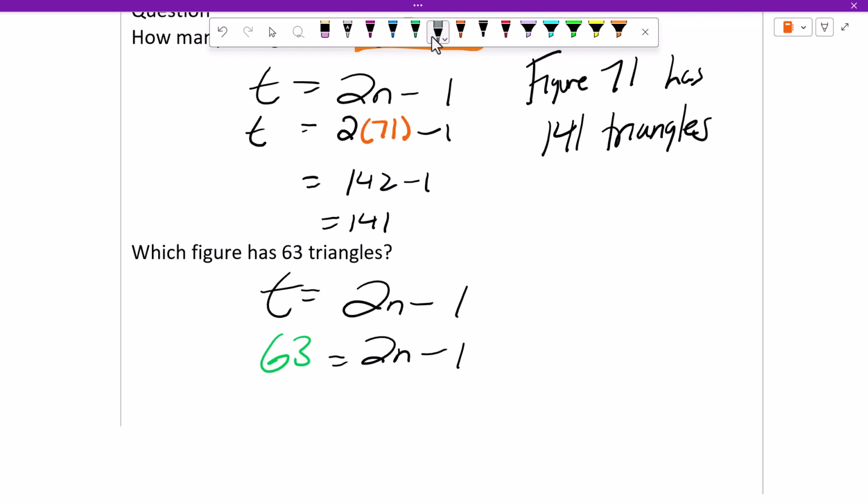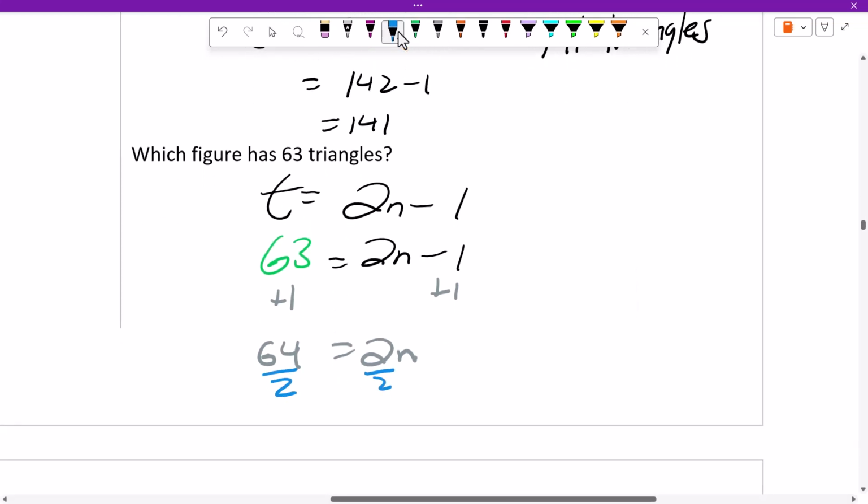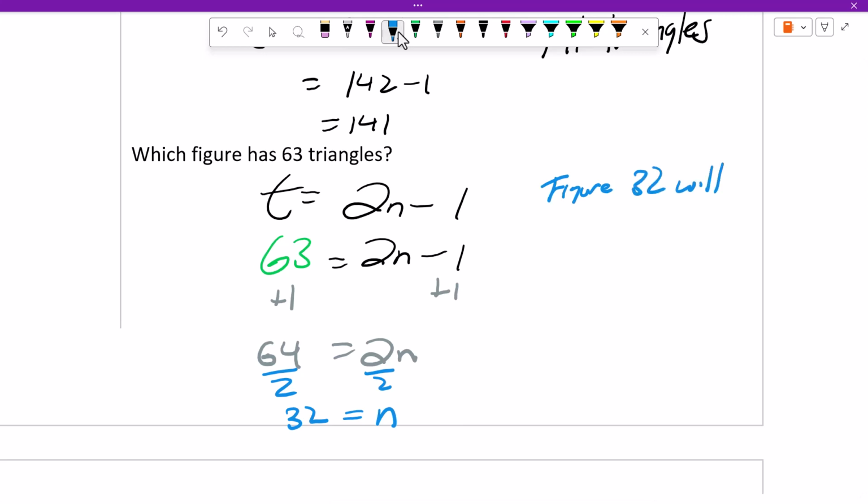Add 1, 64 equals 2n. Divide by 2, n equals 32. Right? Figure 32 will have 63 triangles. And we're done.